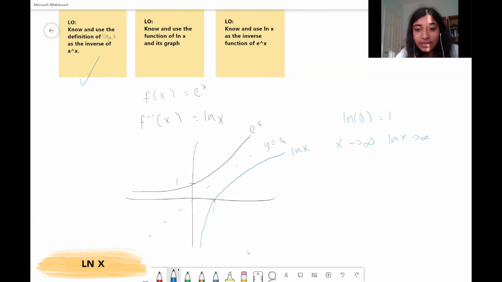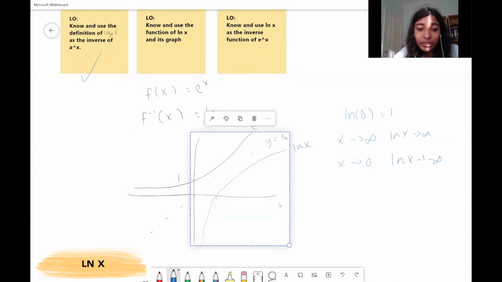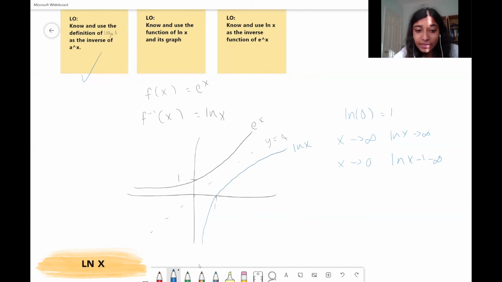And the next one is that as x tends to 0, ln x tends to minus infinity, but it will never reach the y-axis. So this means that you can never have a value of x that is 0.